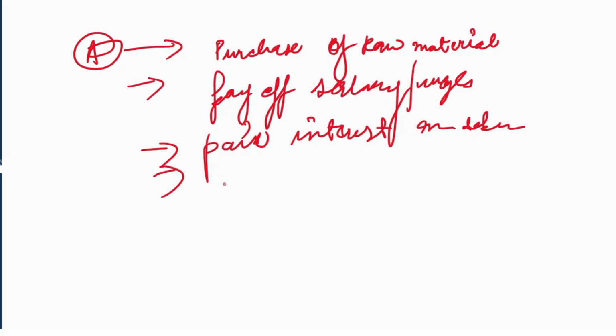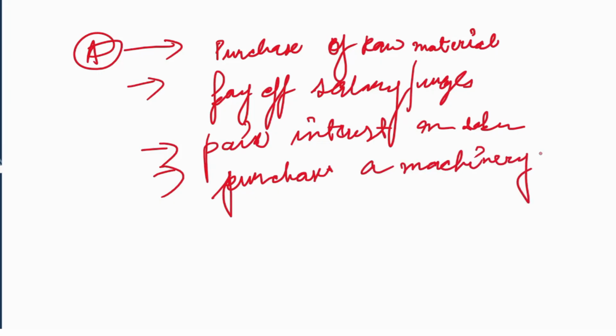Or you can say a company has purchased a machinery. They were having some problems, so they thought, let's just purchase a new machinery. These are the transactions that they have done. So these were your outflows, right?